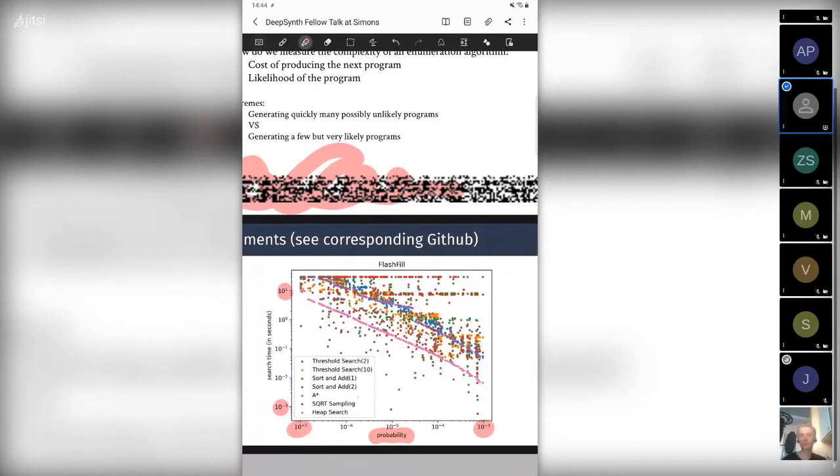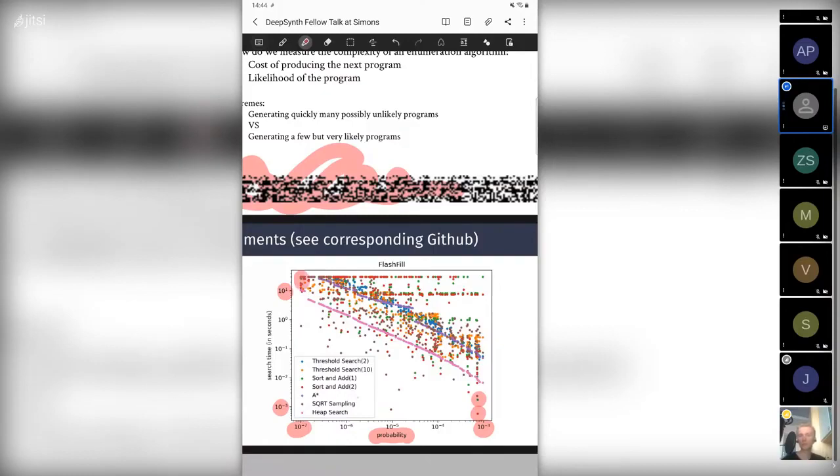Every dot in this graph is a single program and how long it took to find it. On the right hand side, likely programs took a short time to get found, and least likely programs took much longer.